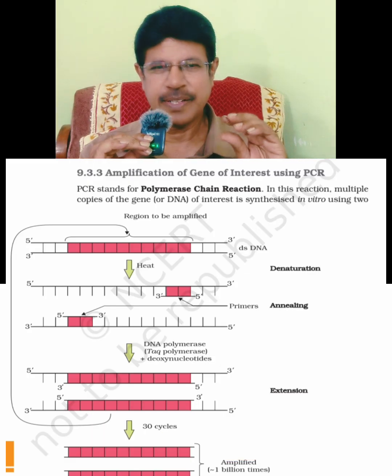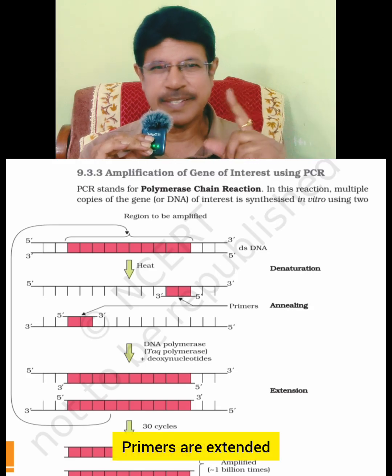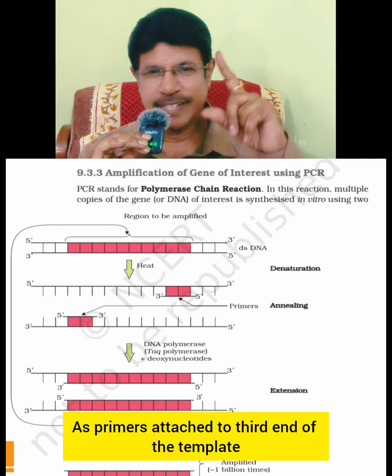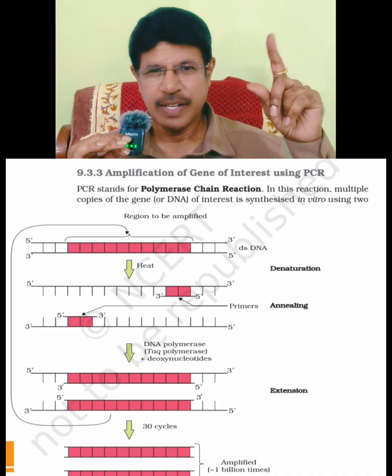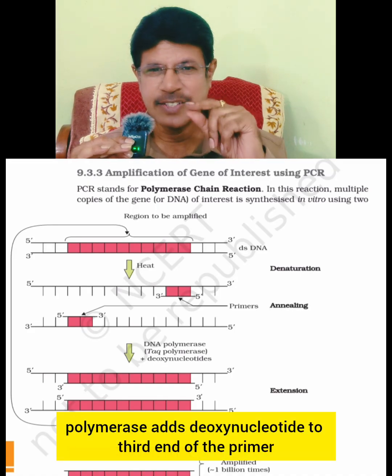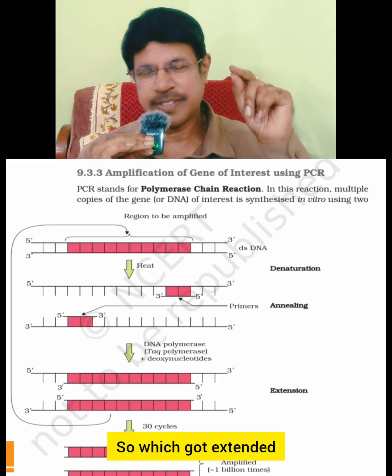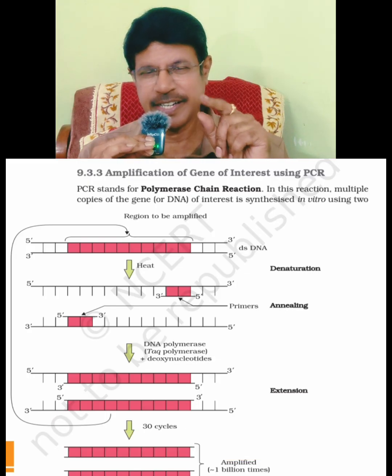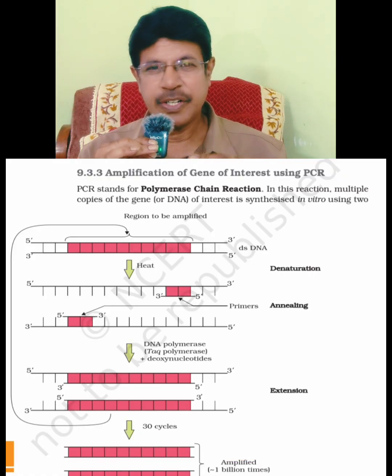Next, third step, extension. Which are extended? Primers are extended. As primers are attached to the 3 prime end of the template of the DNA on both strands, Taq polymerase adds deoxynucleotides to the 3 prime end of the primer. So which got extended? The primer got extended by Taq polymerase by adding what?